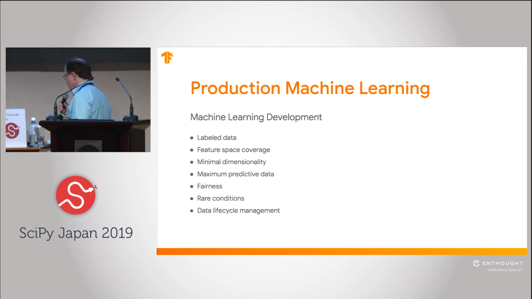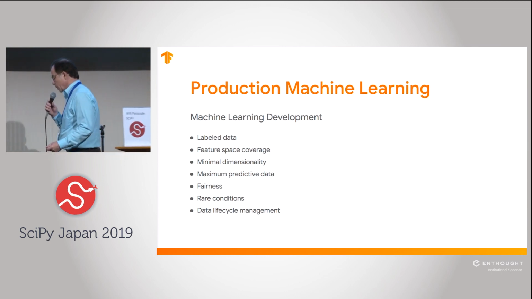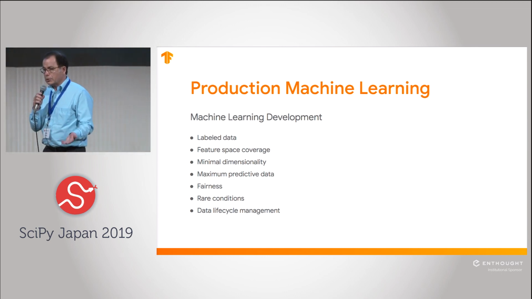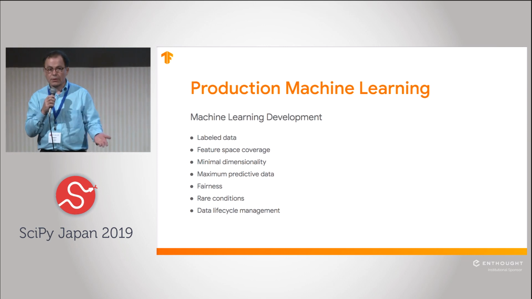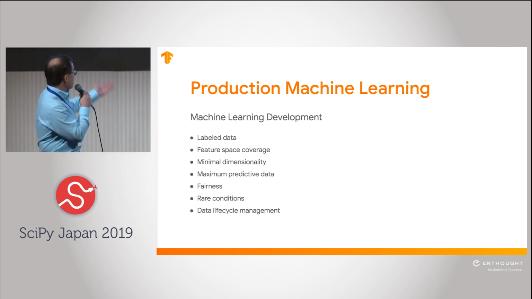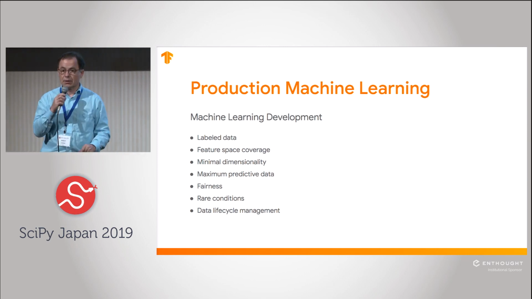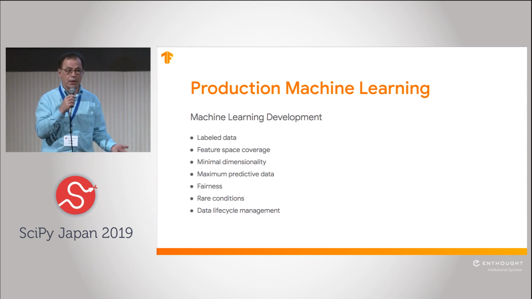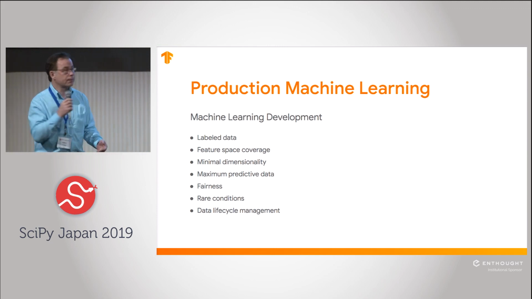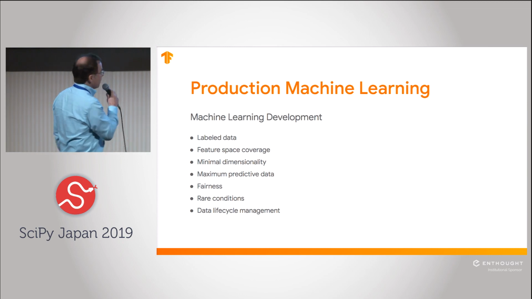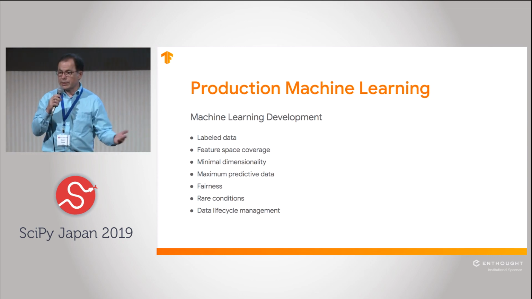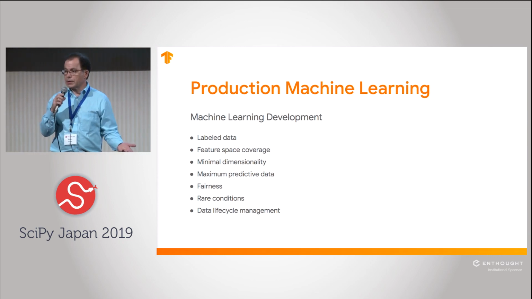When you're doing machine learning in production, you have all the same issues and factors that you have for machine learning in any environment. If you're doing supervised learning, you need labeled data. You need to think about how well your data set covers your feature space.